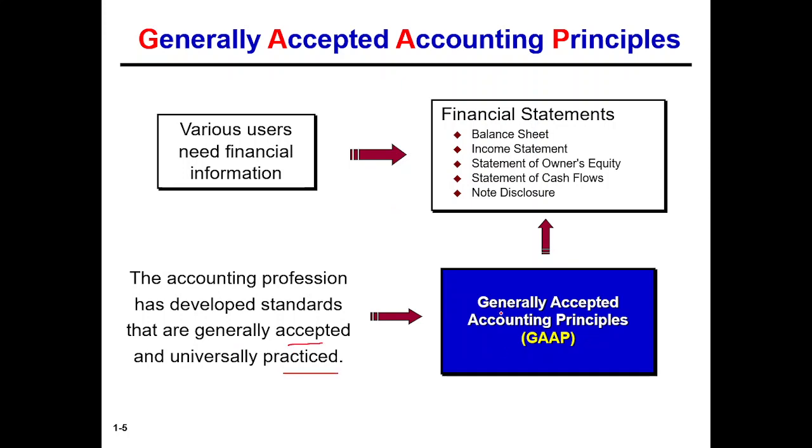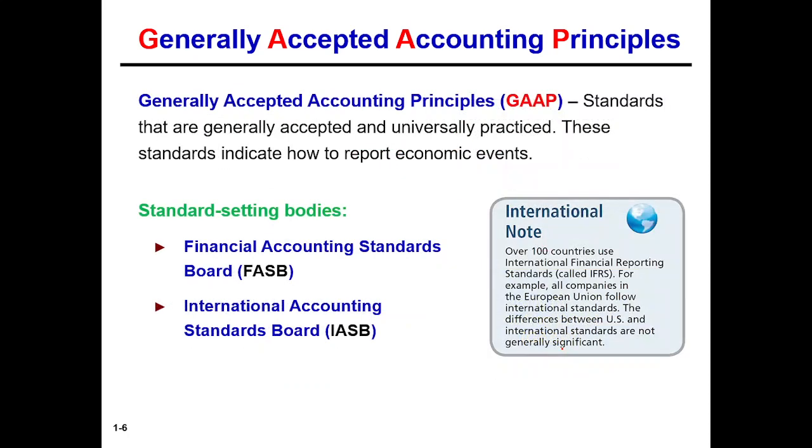We have here in financial accounting what we call generally accepted accounting principles, GAAP, the standards that are generally accepted and universally practiced. These standards indicate how to report economic events, how to report the transactions we will record in our company.